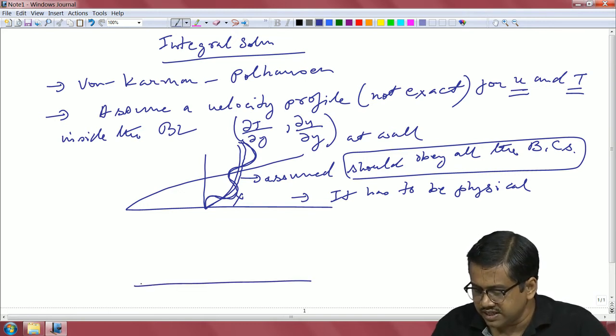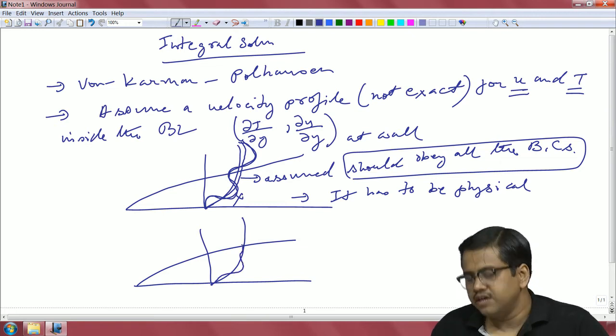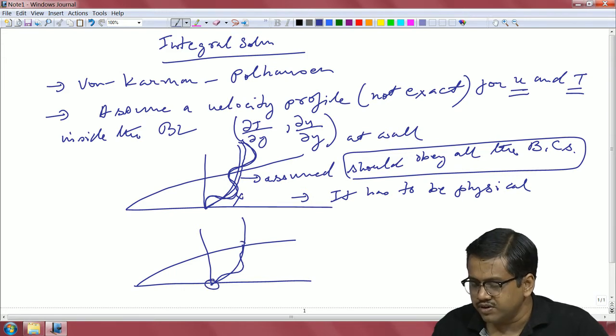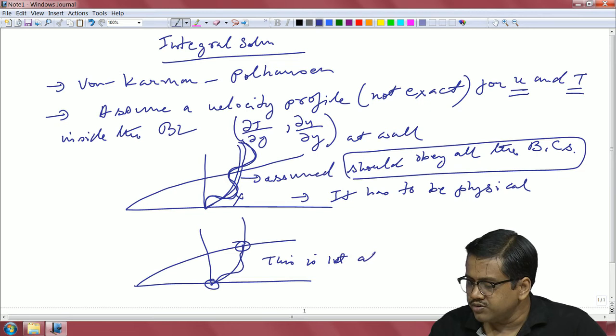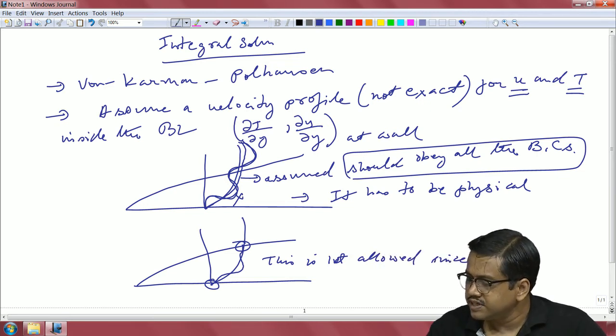Let us take this more carefully because I want you to get this. So, this is the actual profile. Say, for example, I draw a profile like this, which agrees with the boundary condition here and the boundary condition there, but in between it has got all these wiggles. This is not allowed since it is not physical.